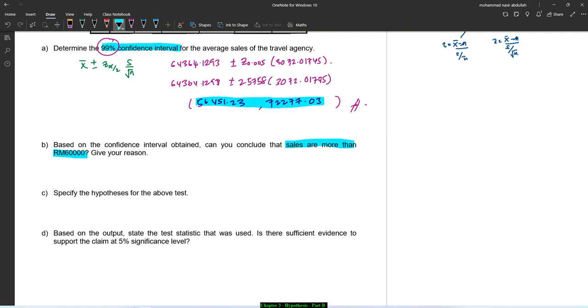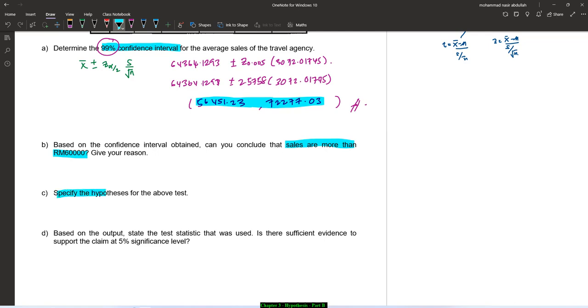So we cannot conclude. We can say that the sales can be more than 60,000 and can be less than 60,000 lah. You cannot conclude the sales is more than 60,000 because it can be less than 60,000 as well.